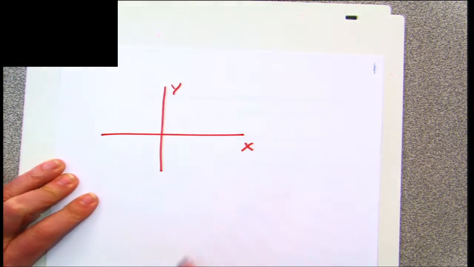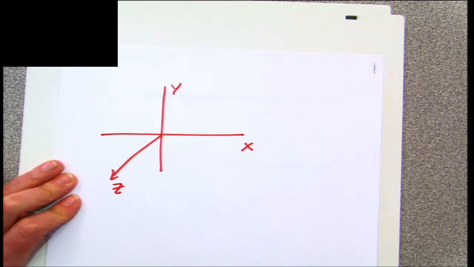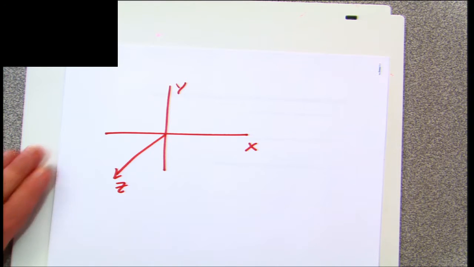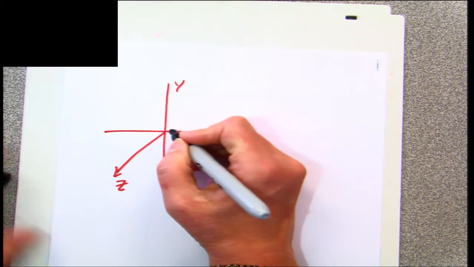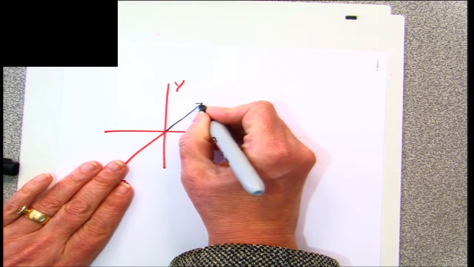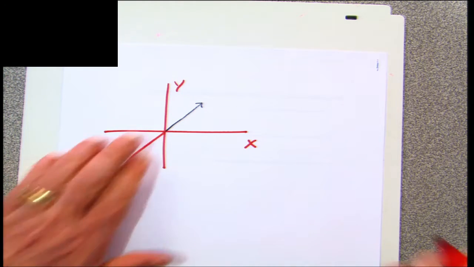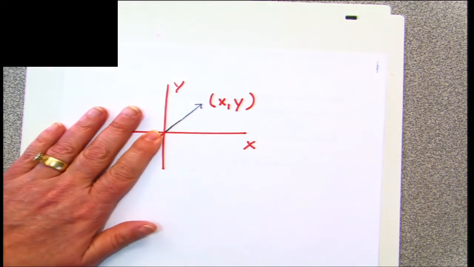Now if I'm representing this vector, there's my vector, and I can represent it in two dimensions. I'm not going to worry about Z. That point gives me my normal Cartesian coordinates, X and Y.